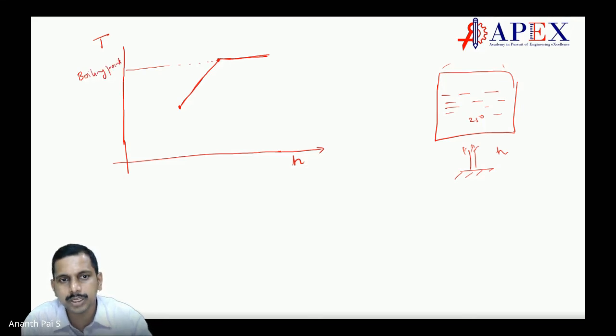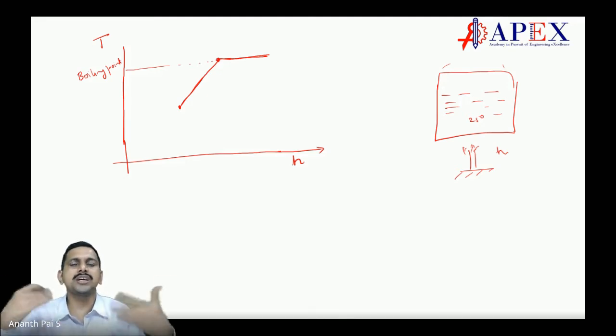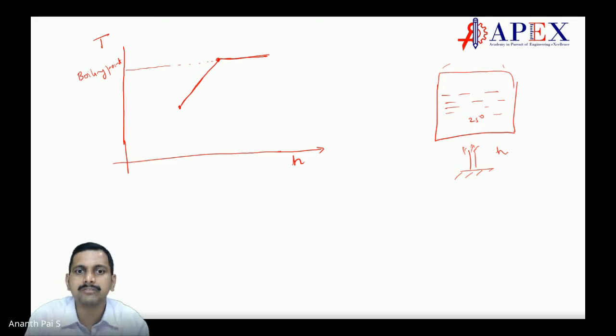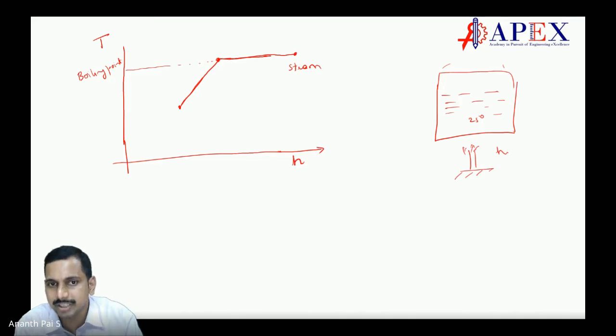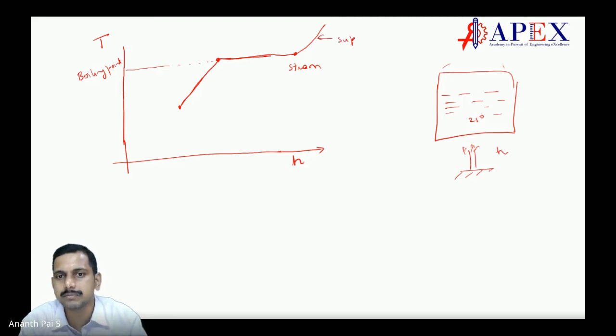When it is boiling point, you add more heat, it is not increasing in temperature. That is why, till when will it not change its temperature? Until it becomes steam. Until everything becomes steam, nothing will happen. After everything converts into steam, then it will go still higher. So this is superheated steam, correct?